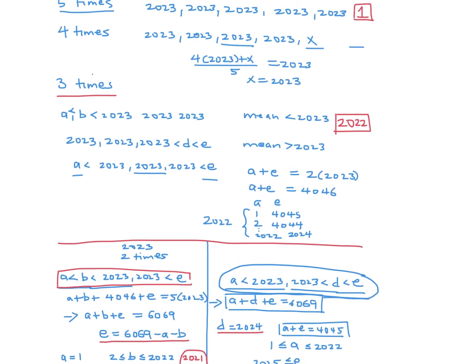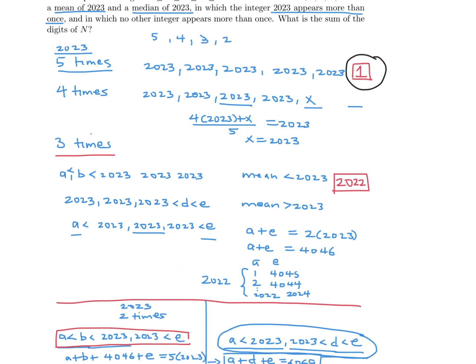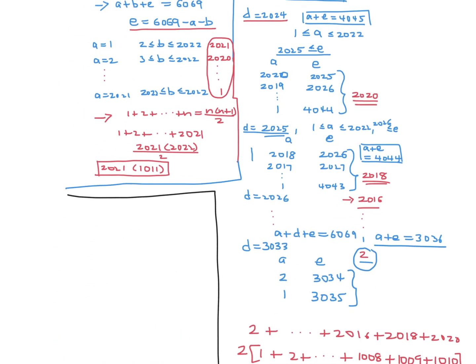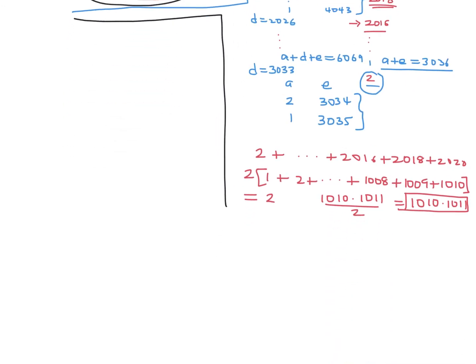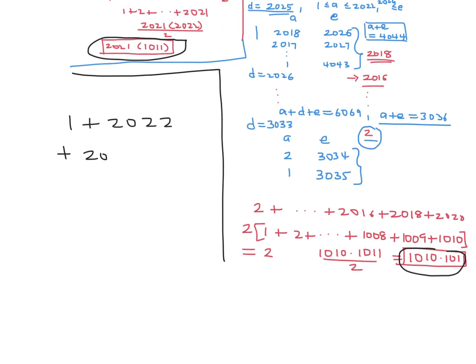Okay, so we had this 1, this 2022, and then we had this guy, and then finally we calculated this guy over here. So let's put that together. So we had 1 plus 2022 plus 2021 times 1011 plus this guy over here, which is 1010 times 1011.